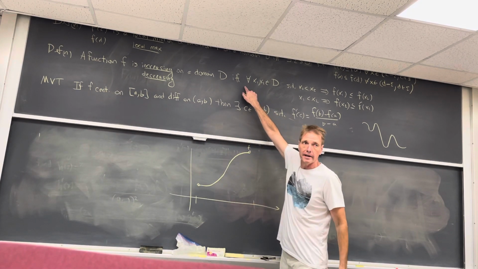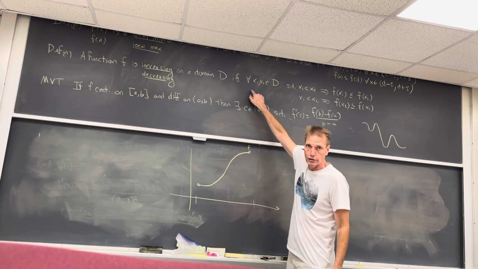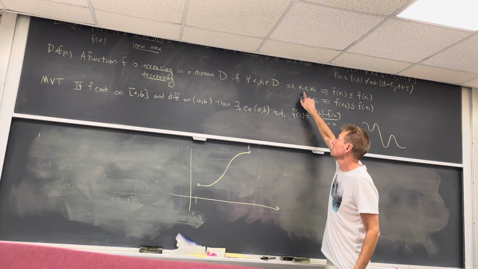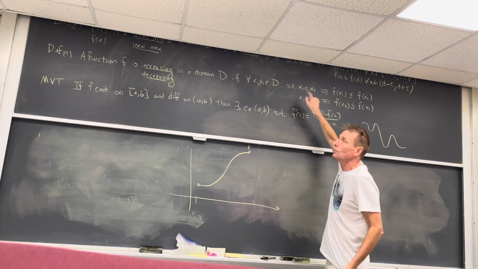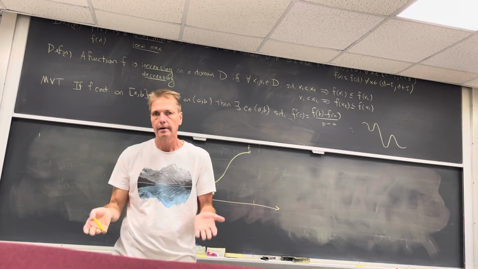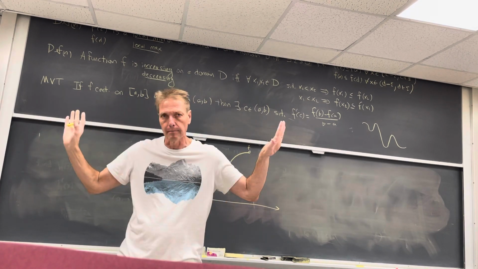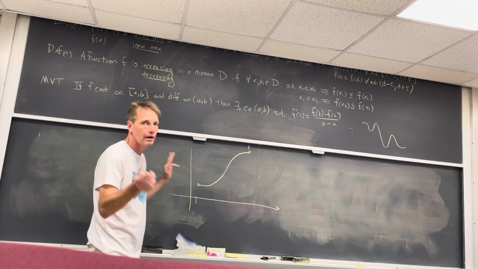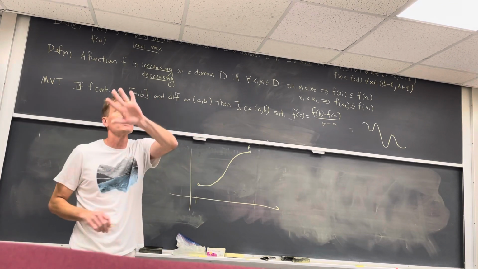Then I should be able to pick any x1 and x2 in D, with the only constraint being that they're in D and that x1 is less than x2. And typically, when I'm teaching this, I have my students come up and pick the points, just to show that I'm not doing a shell game. So I'm going to pretend I'm somebody coming up, and I'm randomly going to pick 2 points.